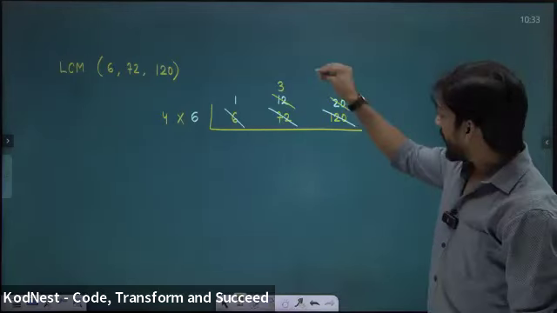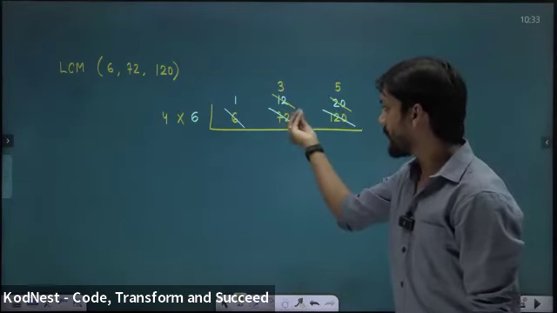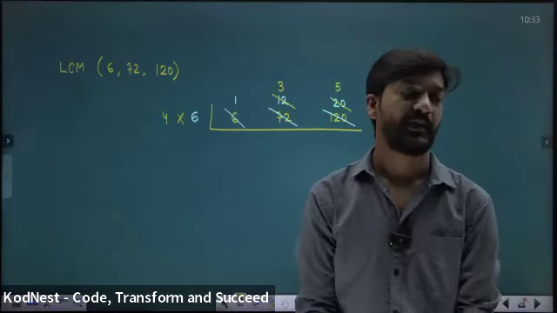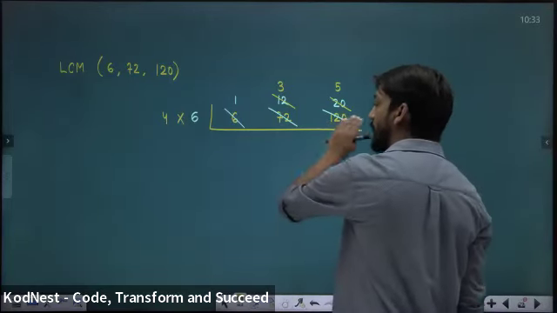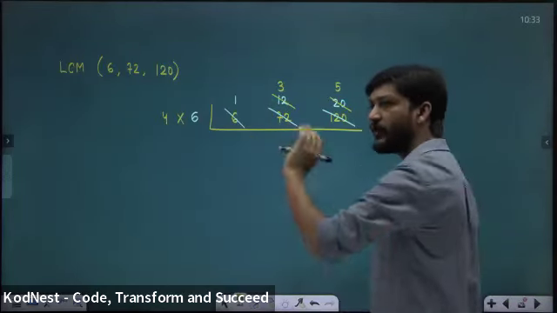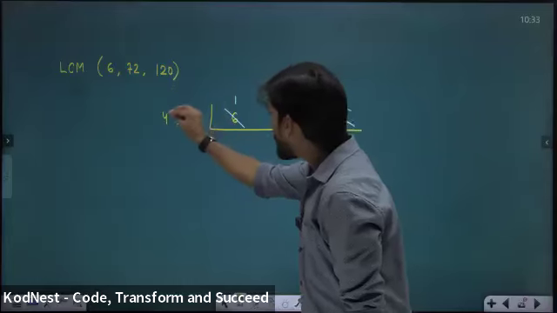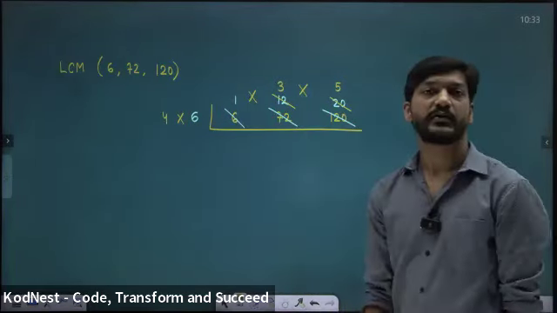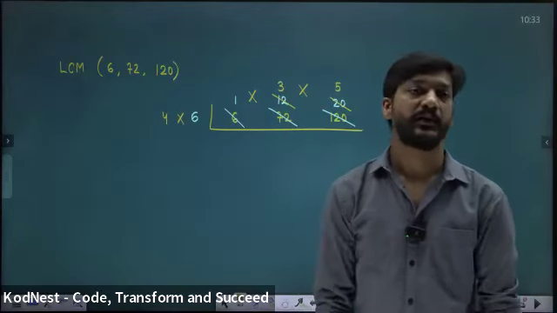Now see please. Is anything common inside the table, not outside? Inside the table, anything which is common? No. So if nothing is common, you will multiply and you will get your LCM. If there is a common factor, you will take it outside, then you will multiply. So this complete multiplication is your LCM.